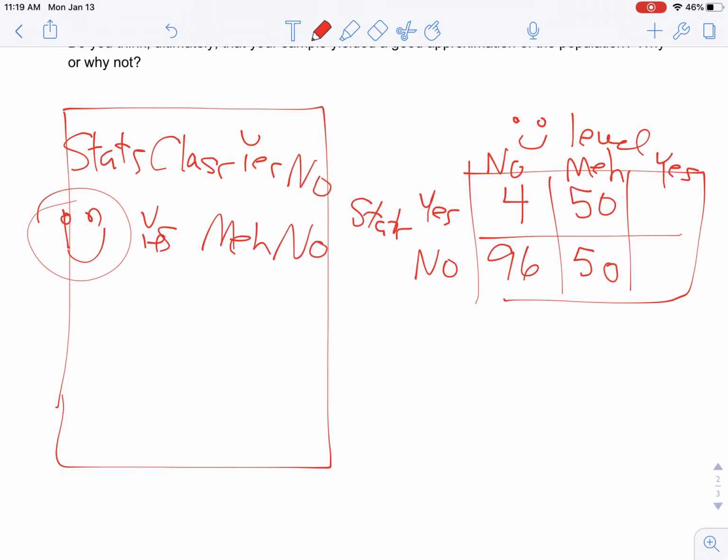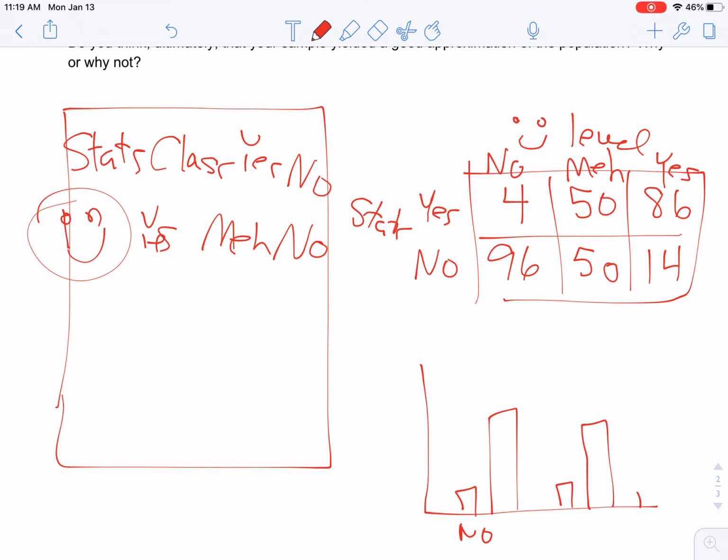And then of the people who said they were happy, 86 of them were those who took a stats class and 14 were not. So this is a two-way table which could be made into a bar graph that shows the percentage of those who, if they're not happy, what percent took a stats class, or if they were happy. So you could see if there's some difference between taking a stats class and being happy. Again, I'm just making this up. So that's called an observational study.